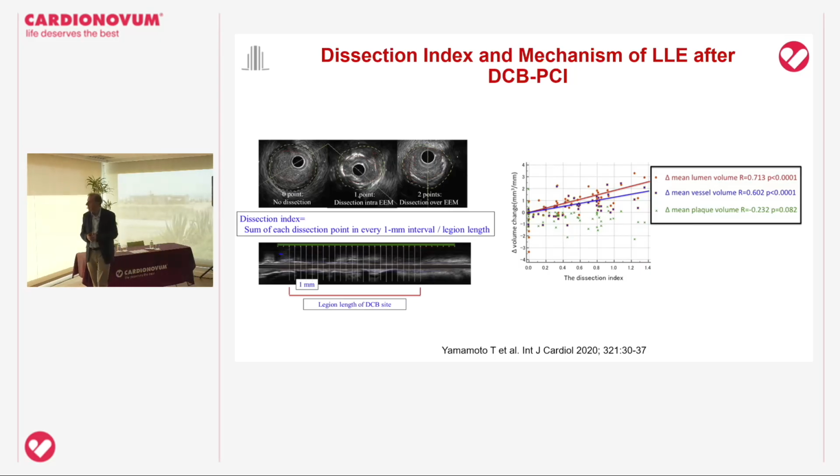So the more dissection you get, the more increase in vessel volume and lumen volume you get, meaning that late lumen enlargement may be associated with the dissection index. So, coming to Christoph's comments, dissections are good, maybe helping to increase the lumen of the vessel during follow-up.